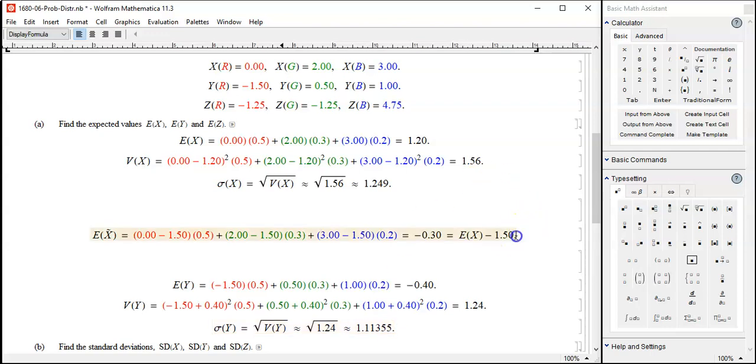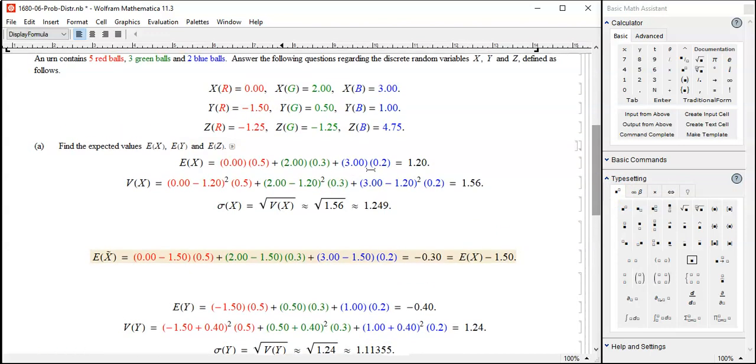How about this game? You see, from game X, I just inserted the price to play the game, negative 1.5. And it turned out that it doesn't matter whether I subtract 1.5 first from each payoff and do the expected value computation, or subtract it later.